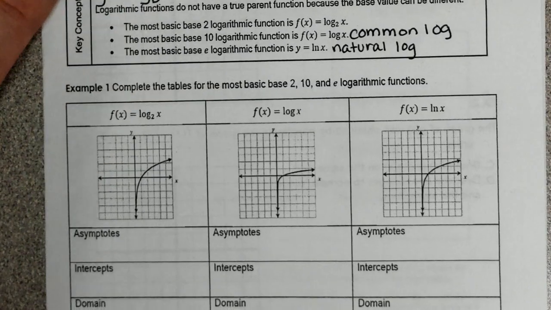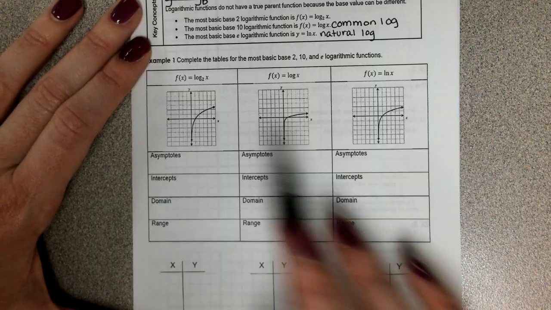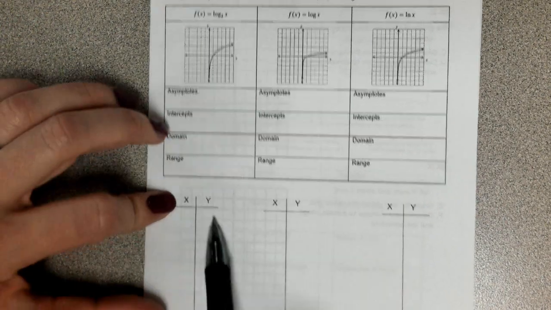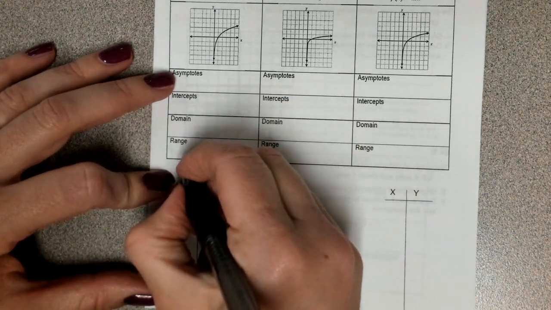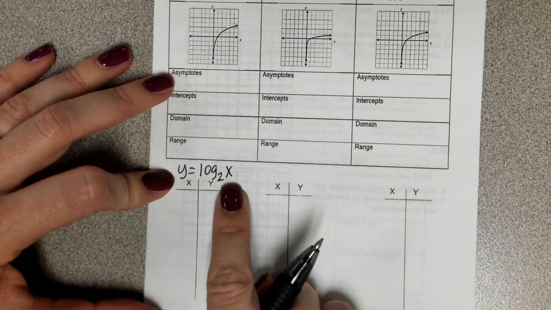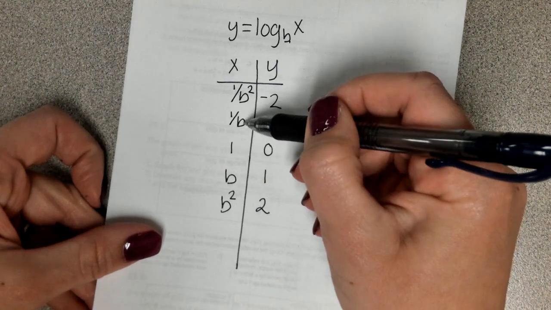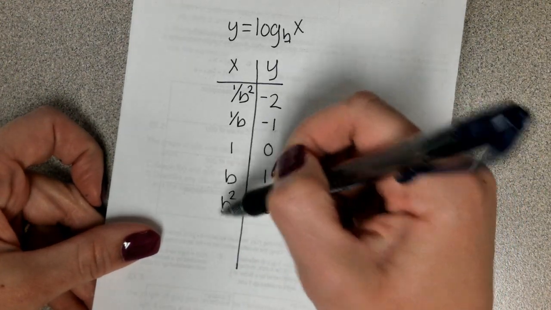All right, so I'm going to come down here. I've got the three functions right here. I'm going to go to the table, and this is going to be the table for log base 2 of x. If 2 is my base, I'm just going to plug in 2 for b here.